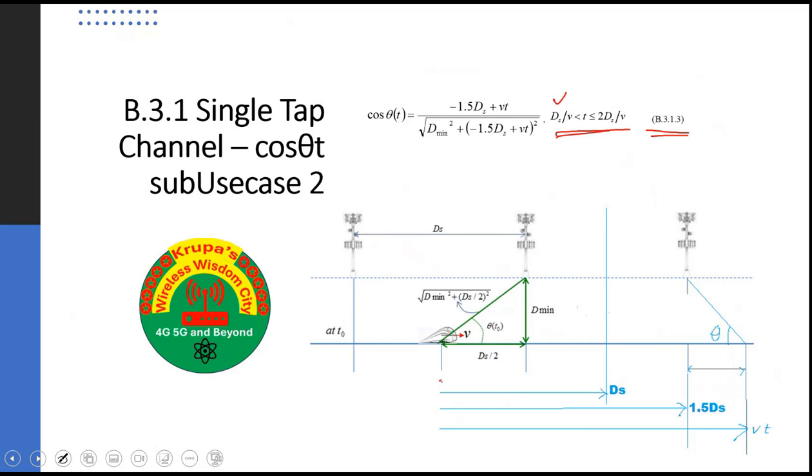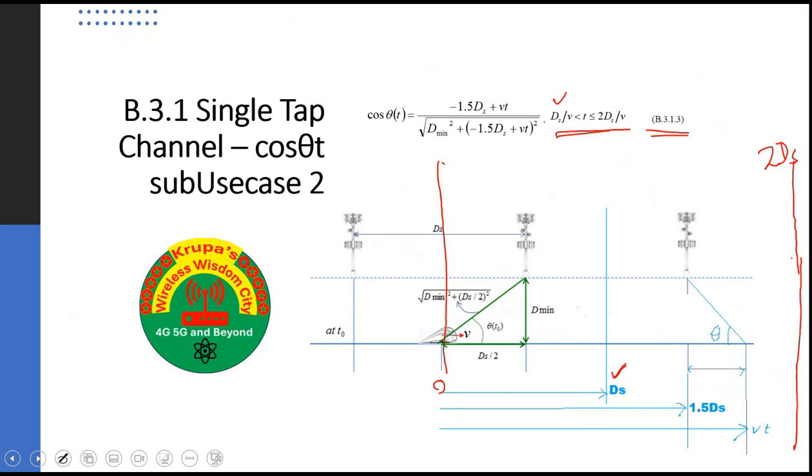Remember time is 0 here, and this is where the ds by v point is, right? Distance by velocity is equal to time, and this is less than or equal to 2 ds by v. Let's say somewhere 2 ds is coming up here, right?